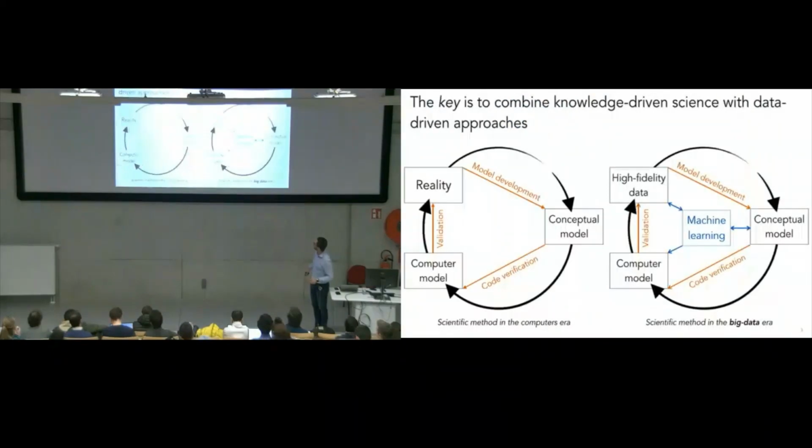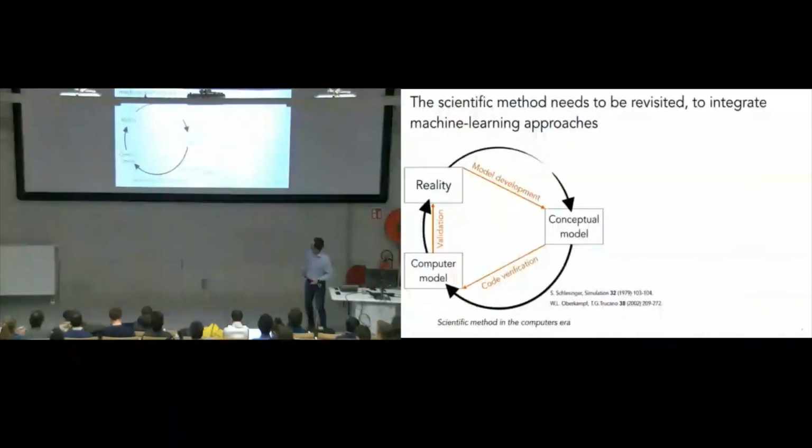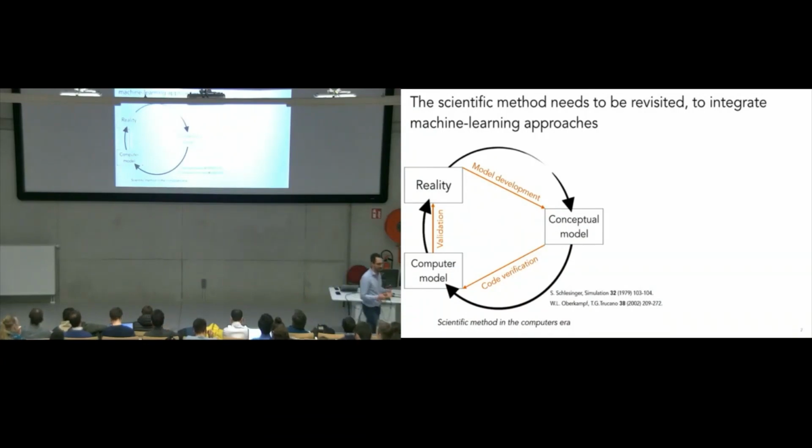So to start, we have discussed the place that machine learning is taking in our work and in our approaches today. You're probably familiar with this sketch of the scientific method. We go through reality, the definition of conceptual models and computer models.